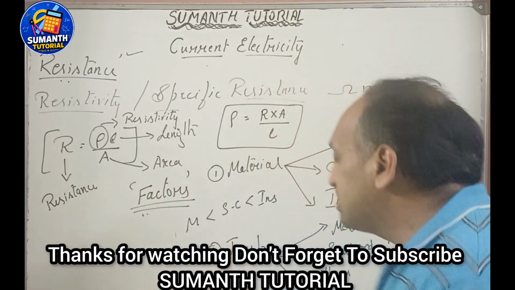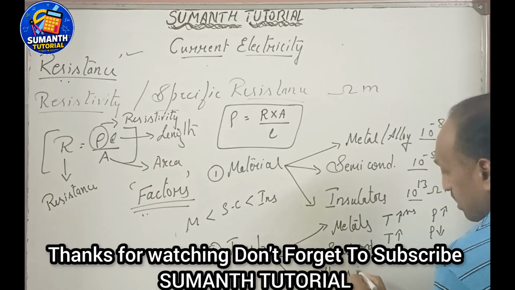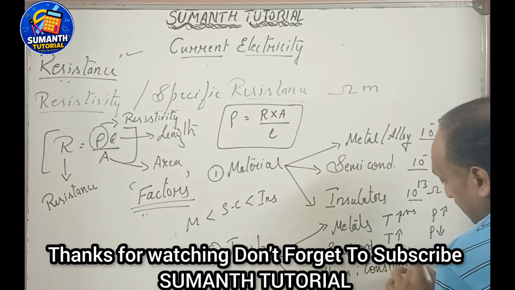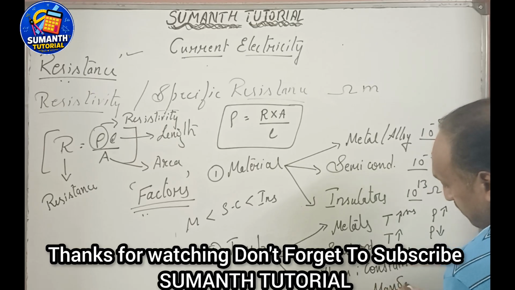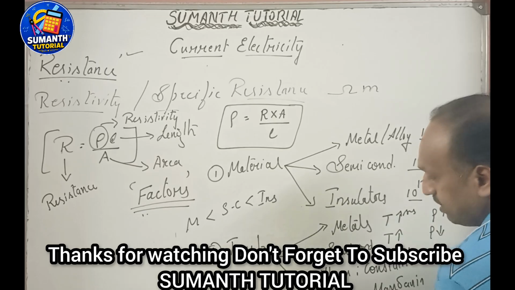Now the last one, alloys. For few alloys like Constantan and manganese, these two are most important. Why did I specify them here? It's important.